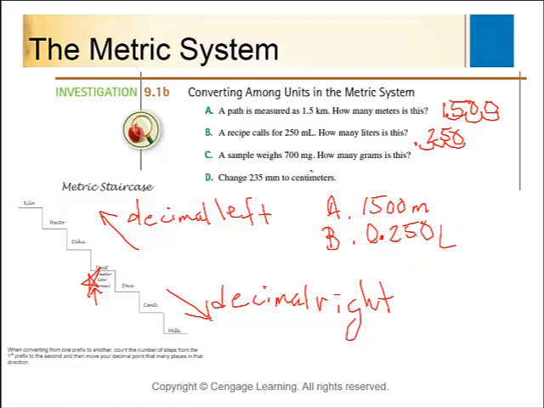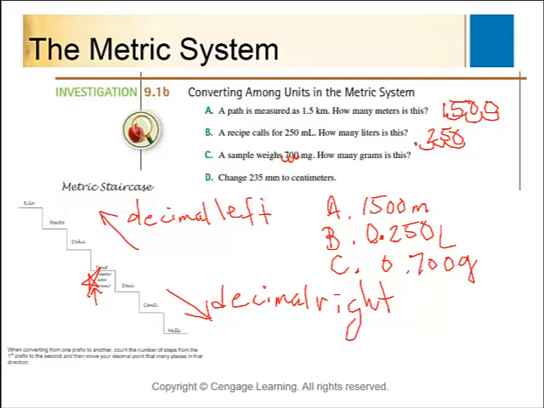A sample weighs 750 milligrams. How many grams is this? So I'm sitting here on milli, and I'm going to my main unit, which is grams, and I would walk 1, 2, 3. So that would be 1, 2, 3. So the answer to C is 0.700 grams.